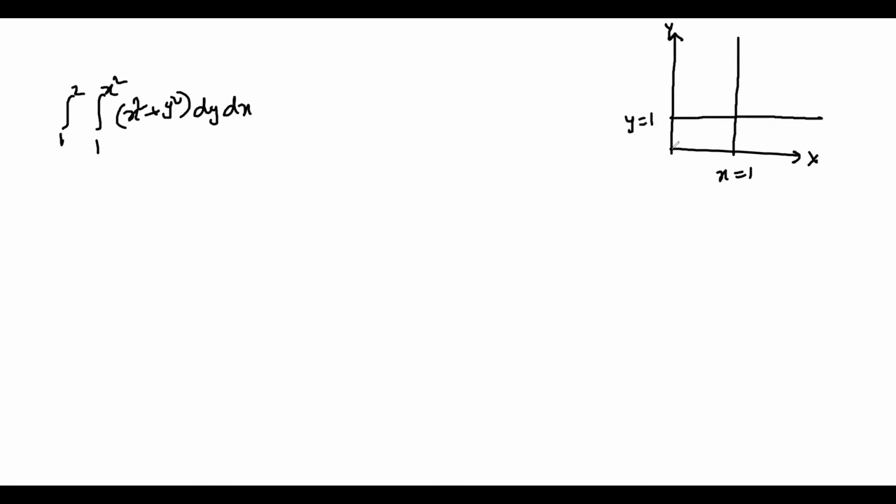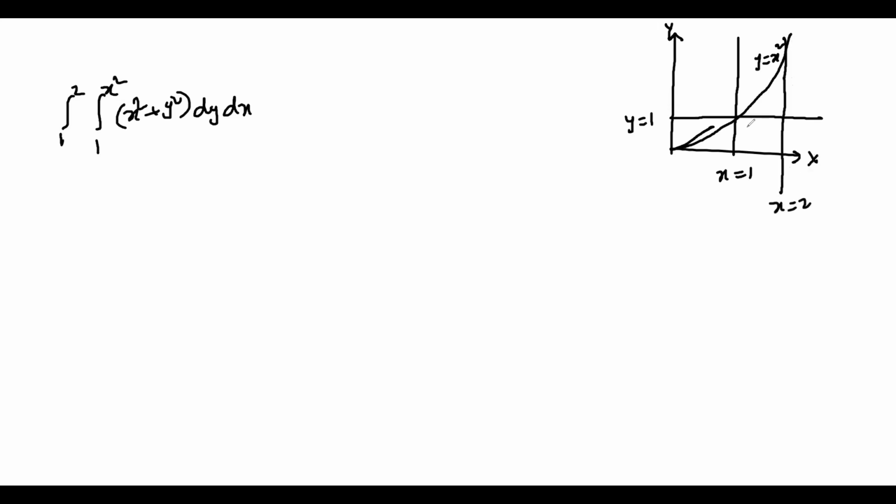Now this curved line, already we know that it is y is equal to x square. Now 1 to 2 they gave. 1 to 2 means cut the line somewhere over here. This is the x is equal to 2 line.